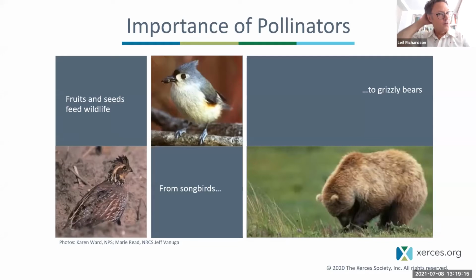And I want to extend further, it's important to understand that pollination is a critical function in the ecosystem. And so the pollination of wild crops by bees and other insects results in the production of fruits and seeds that vertebrate wildlife species depend on, things like songbirds, right up to bears. So pollinators are functionally important to the structuring of ecosystems in that they help plants reproduce.